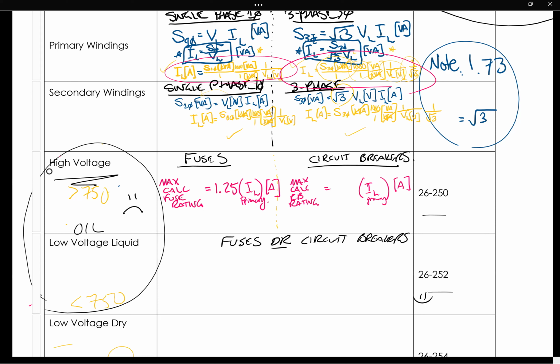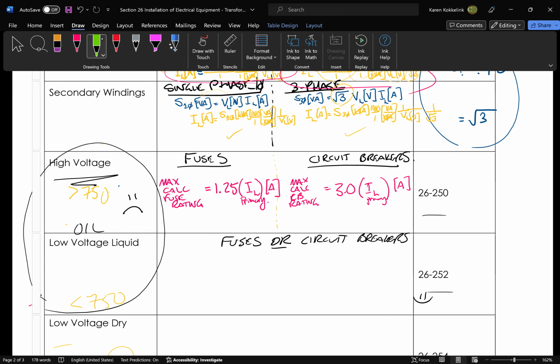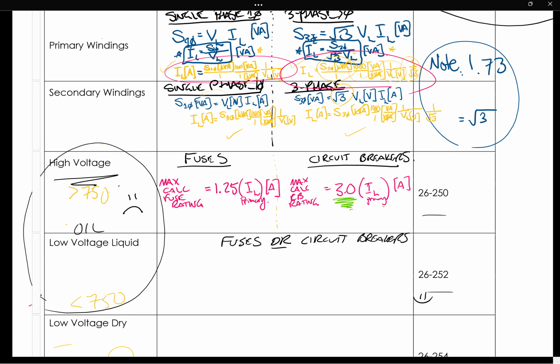Well, the only difference is that this is 3.00 times. If you're using a circuit breaker, you have to be 300% that current. If you're using a fuse, then you only have to be 125% that current. That's it.